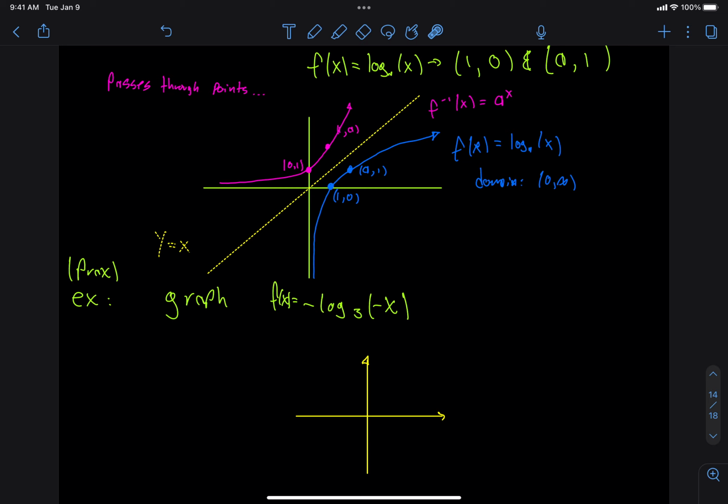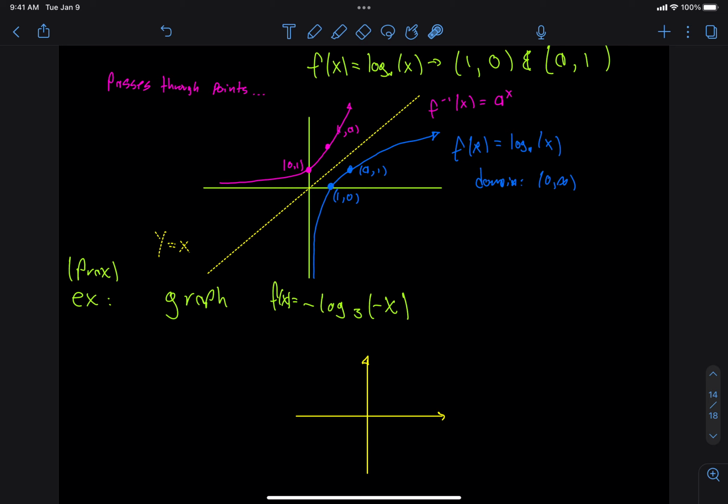So this is a reflection of the x-axis and a reflection of the y-axis. Is that allowed? It's a question, right?